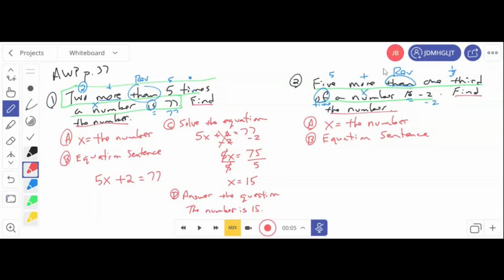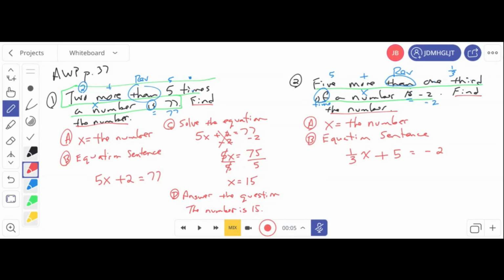I'm simply translating the words into algebra. So since I have 5 more than, that means I've got my reverse word, so the 5 has to come after the plus sign. 1/3 of means 1/3 times x is equals -2.